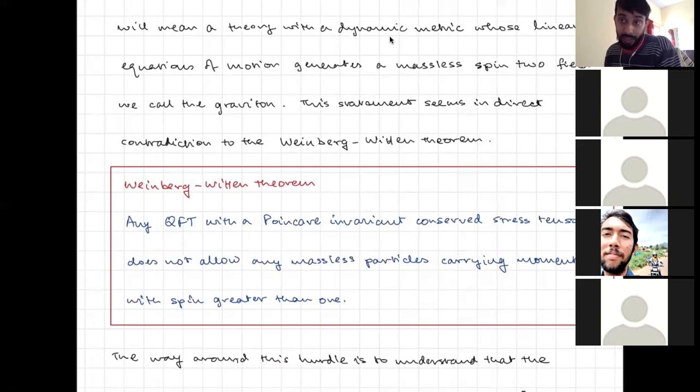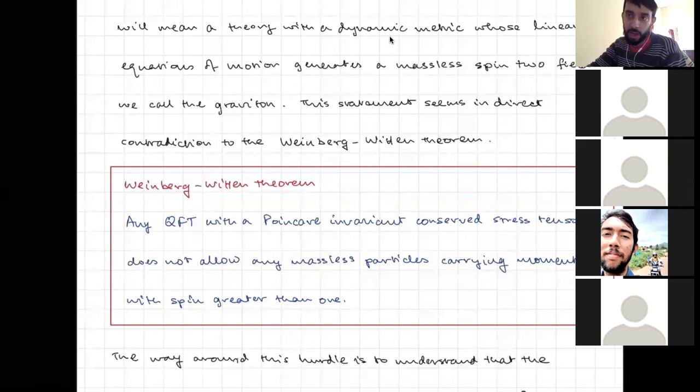As far as we can understand, there should not be any mass for the graviton. You could try to say that maybe this has a very small mass, but that doesn't really help you.